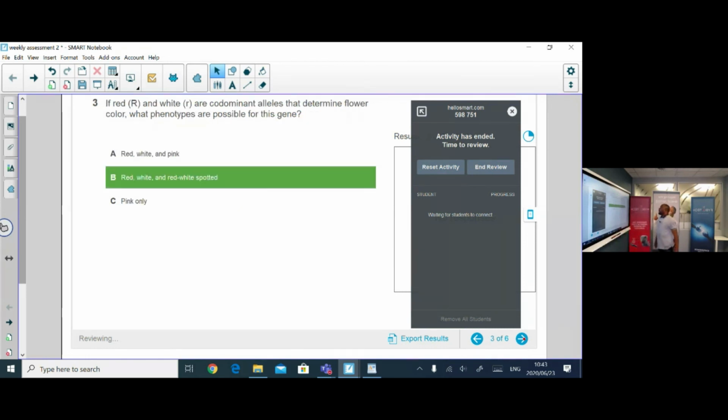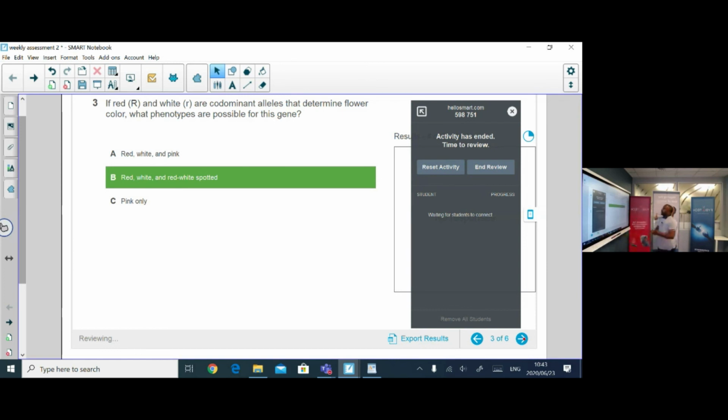If red and white are co-dominant alleles, what phenotypes are possible? There's a possibility of white, of red, and of red and white in a spotted fashion.